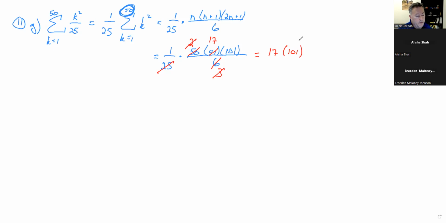So if you multiply this out, would you set up something like this? Would you go like 101 times 17 and then do it that way? Yeah. Okay. And that's totally fine too, but something else that might be a little faster is to split the 101.